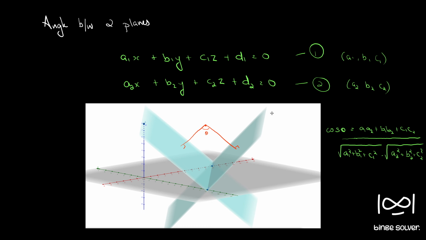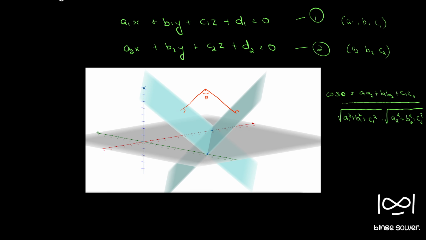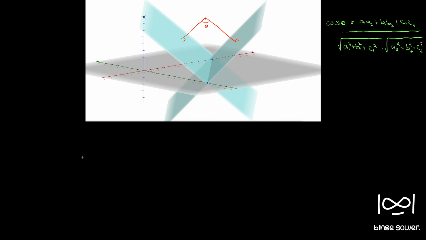When we have the angle between two planes, we can easily come up with the condition of perpendicularity of two planes. I'll just write down the condition for perpendicularity. So we have cos theta is equal to this formula.